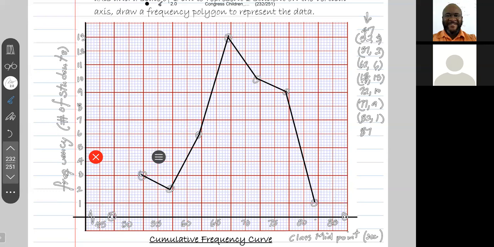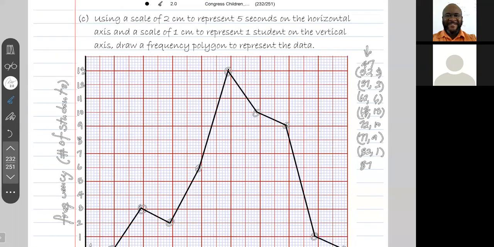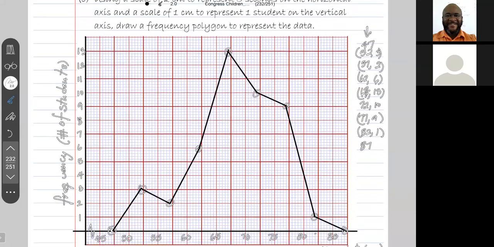Remember, your frequency polygon is going to start and end on the horizontal axis. This is what your frequency polygon would look like. I don't think there's anything more to the question.